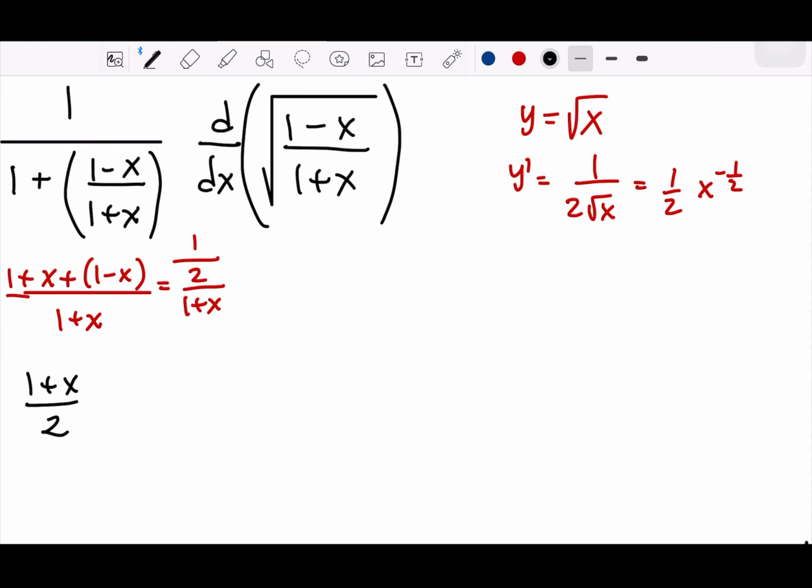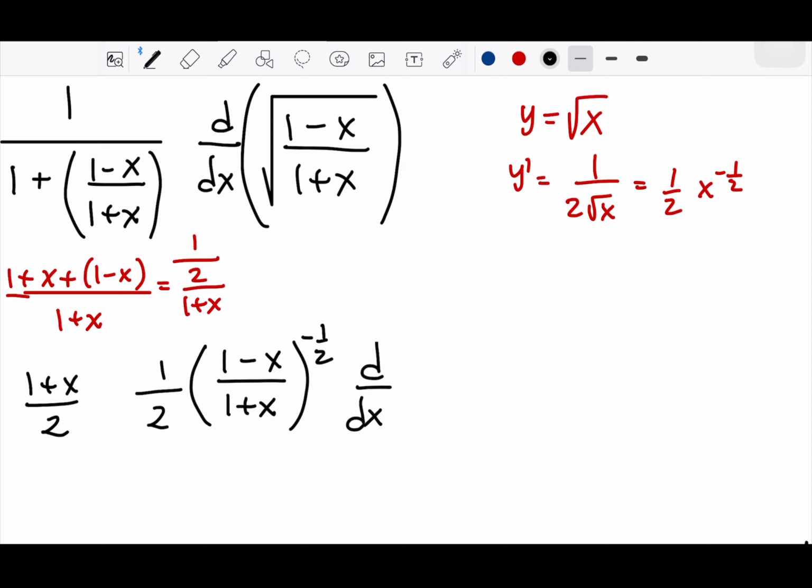So this will be 1 over 2, and then this will be (1 minus x over 1 plus x) to the power of minus half, and then the rest is d/dx of (1 minus x over 1 plus x).